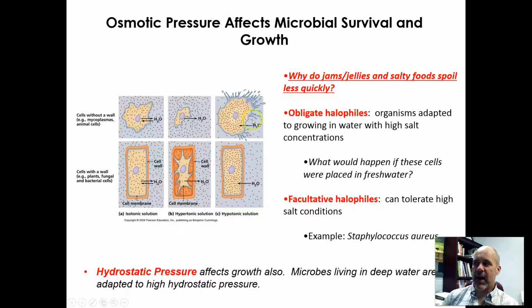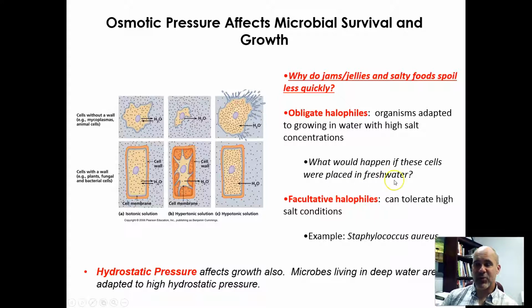Now, can you figure out what would happen if you put an obligate halophile into fresh water? What would happen to it? You have to think about, is that fresh water hypertonic or hypotonic or isotonic to these obligate halophiles? Hopefully you're thinking, these organisms live in salty water, so salty water would be isotonic to them.